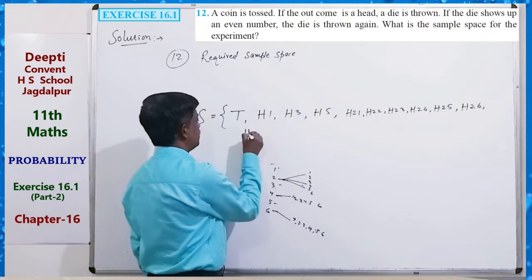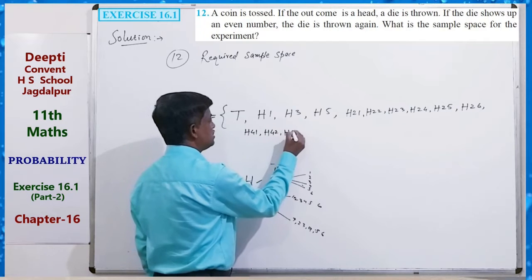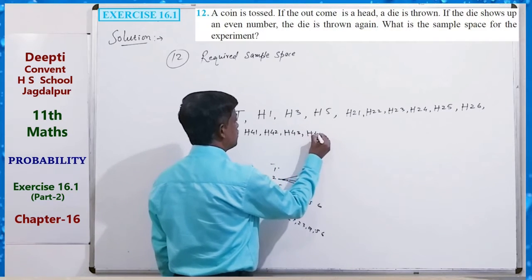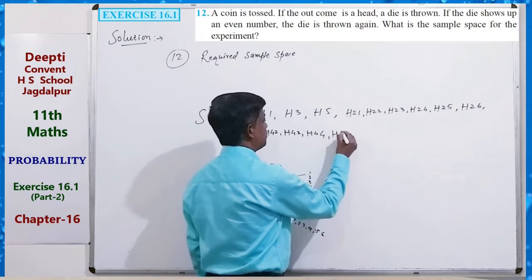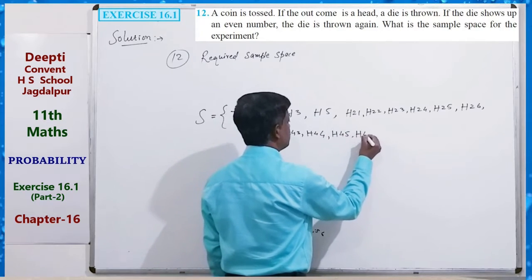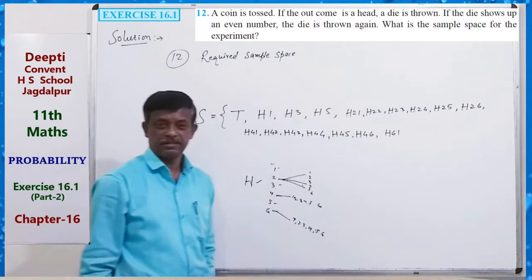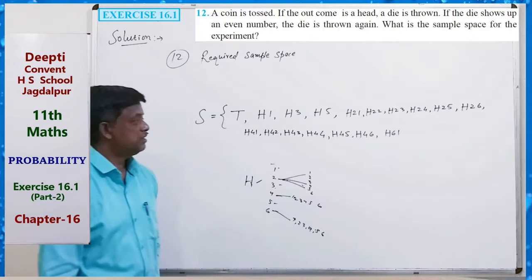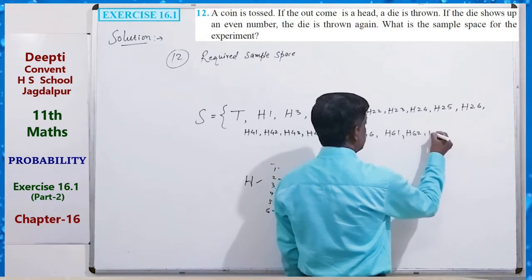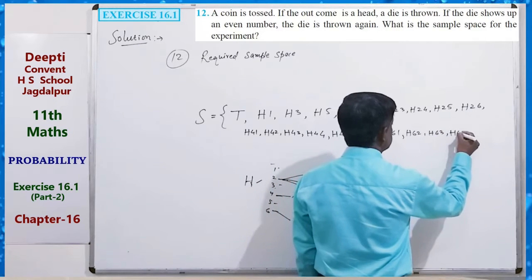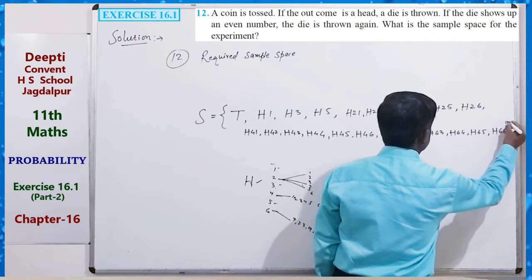H41, H42, H43, H44, H45, H46, and H6, 1. Just we are doing this, no? H61, H62, H63, H64, H65, H66.